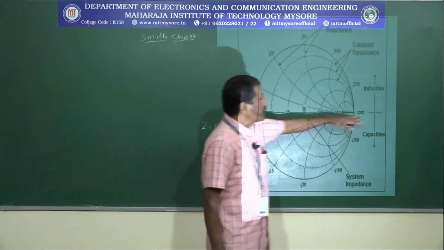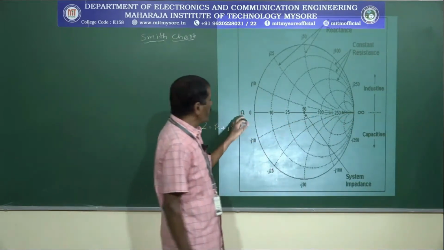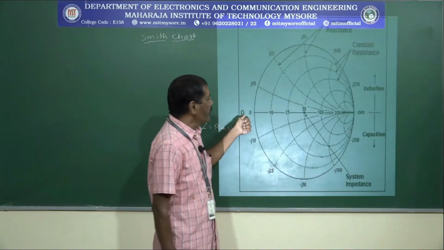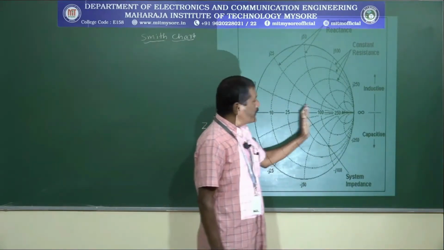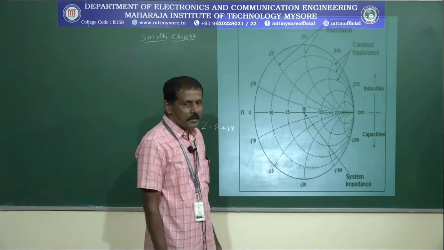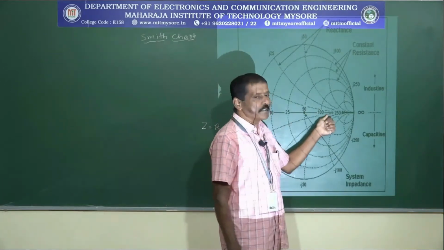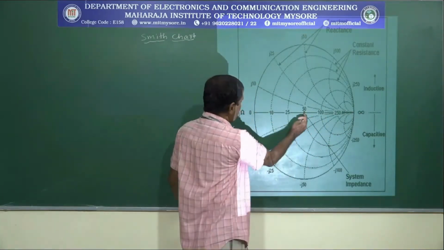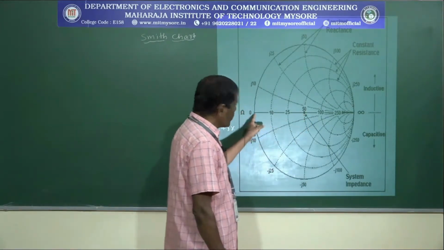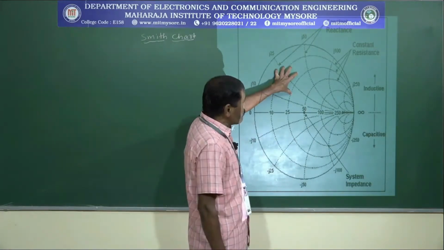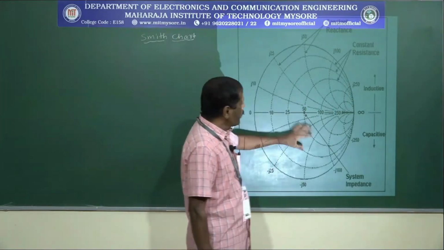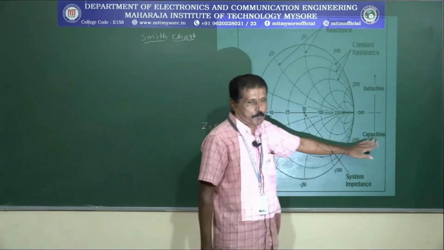On this axis we are marking the resistances in terms of ohms. From this point the resistance goes on increasing, and from this point toward the left the resistance goes on decreasing. The upper half we take for inductive reactance, and the bottom half for capacitive reactance.